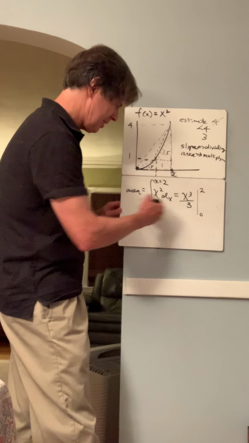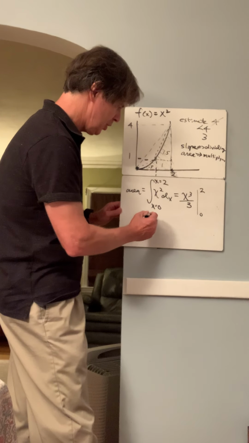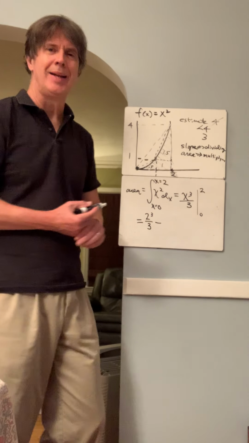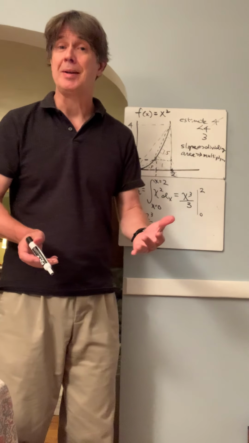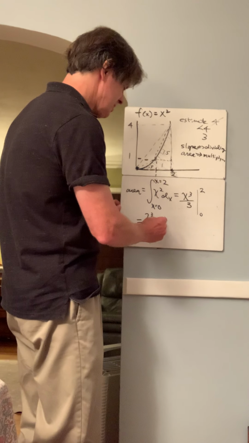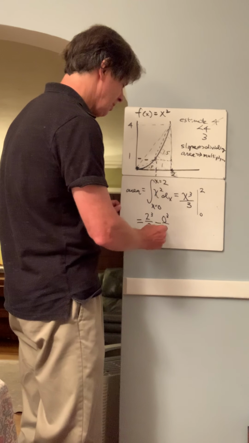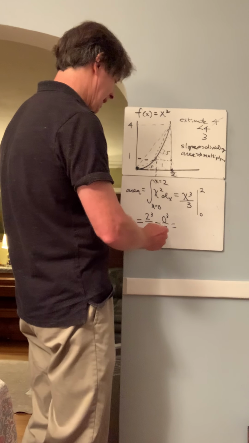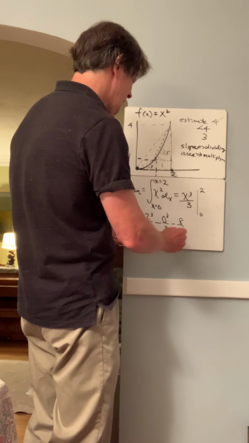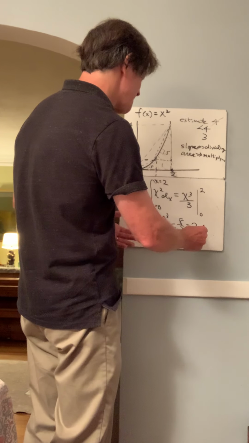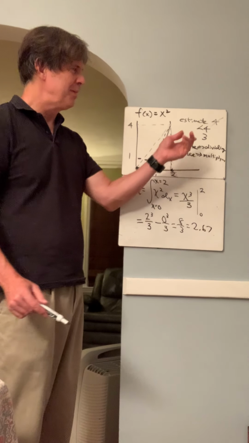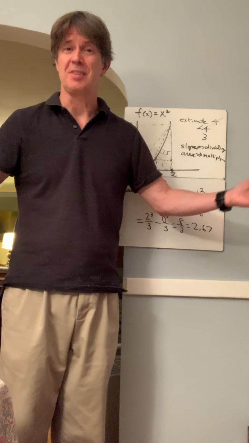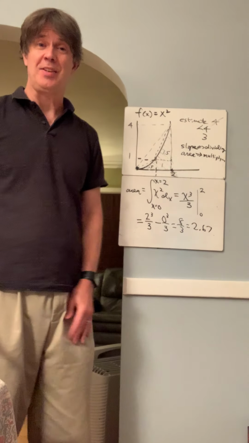So you put 2 cubed over 3, and you subtract from that what you get when you put in the bottom number. So I put in 0. Well, that's easy, 0 cubed over 3. And that gives you 8/3. And 8/3 happens to be 2.67. I'm feeling good. Remember I said it was a little less than 3? It is. It's 2.66666. So I just found it's 8/3 is the area.